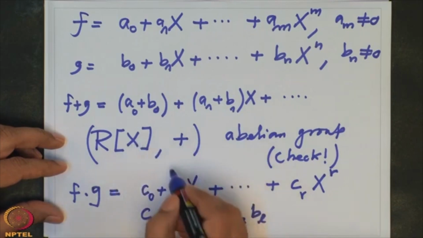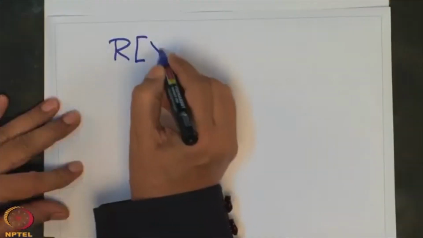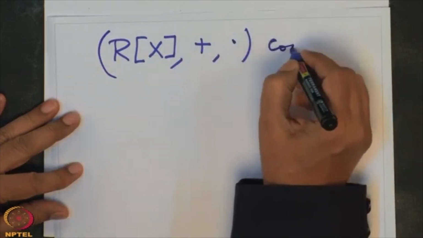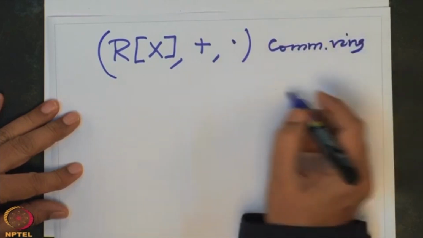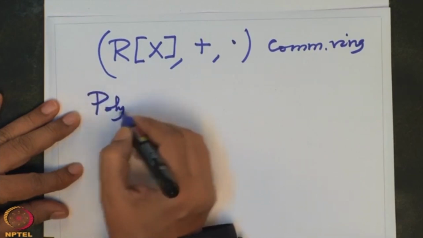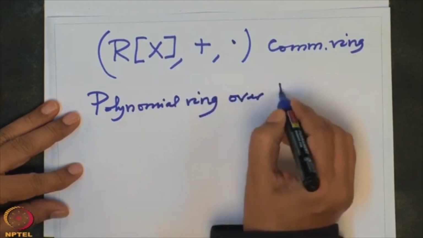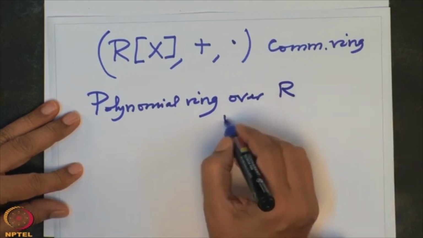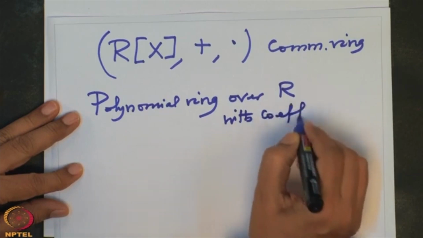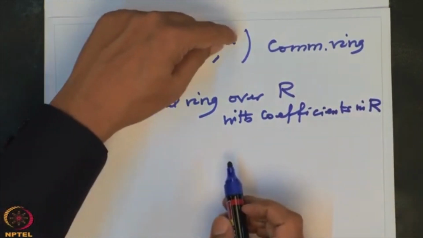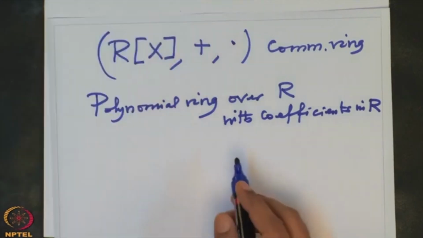With respect to that, I will simply directly say that R[x], with plus and the multiplication I have defined, is also a commutative ring, and this ring is called a polynomial ring over R, or also one says polynomial ring with coefficients in R. So we have extended the definition of addition and multiplication from the ring R to the polynomials.